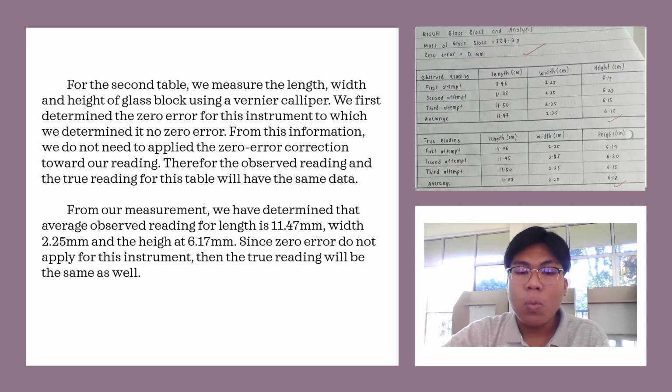From our measurement, the average observed reading for the length is 11.47 mm, width 2.25 mm, and the height 6.17 mm. Since zero error does not apply for this instrument, the true reading will be the same as well.